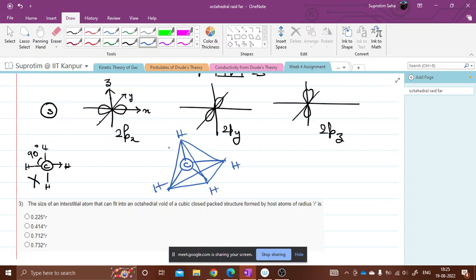This is a tetrahedral structure, and this bond angle is approximately 109.5 degrees. So how do they bond? They bond like this. So this is carbon.